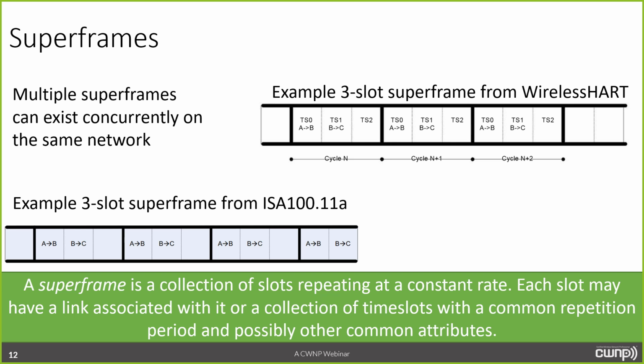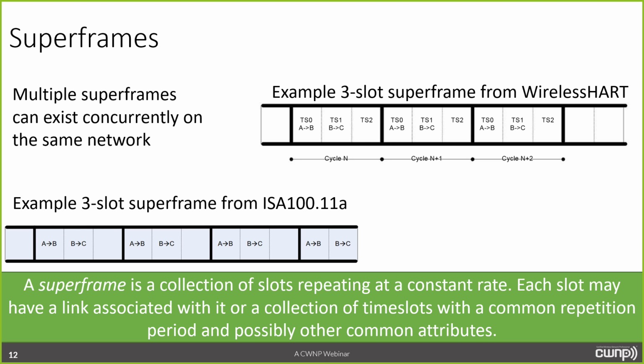Now, I want to show you when I say there's similarity between ISA100.11a and WirelessHART, I'm not overstating anything. There is tremendous similarity. In fact, the graphic at the top is a screenshot from the WirelessHART spec. The graphic at the bottom, on the left, is a screenshot from the ISA100.11a standard.